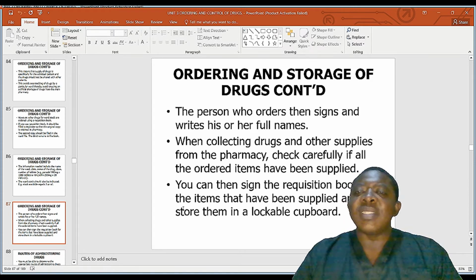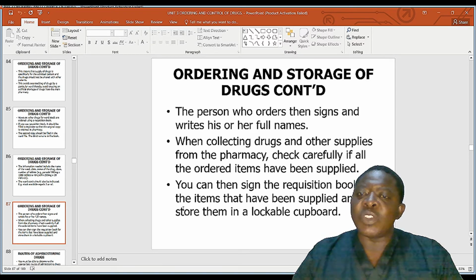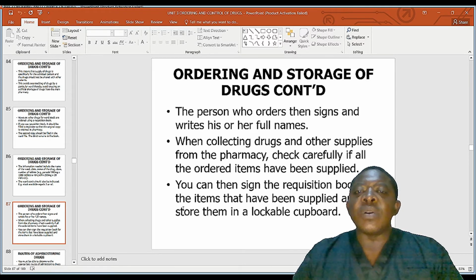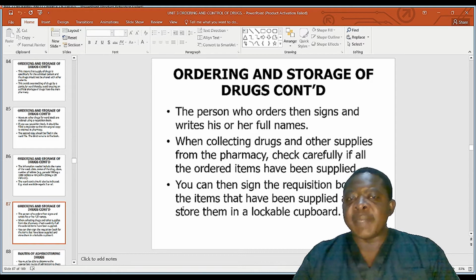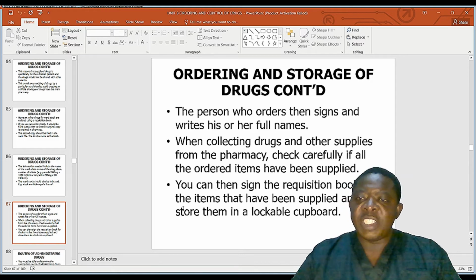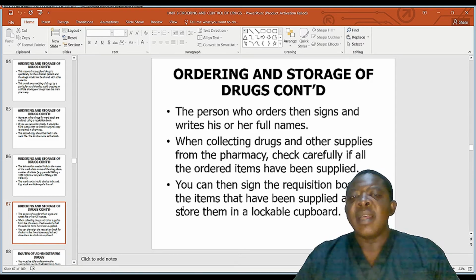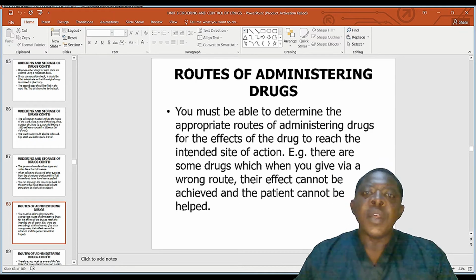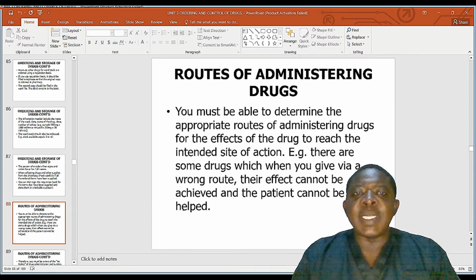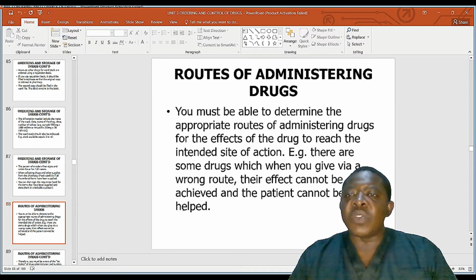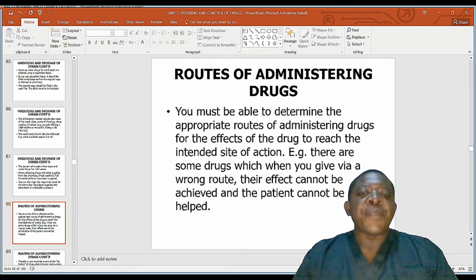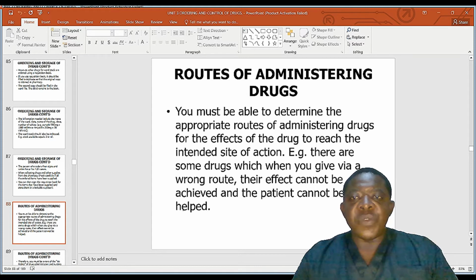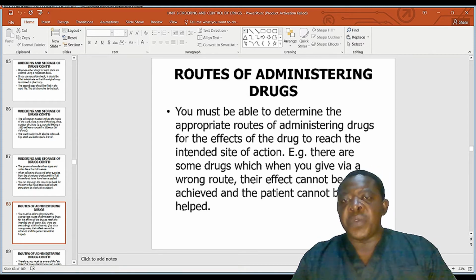When collecting the drugs and other supplies from the pharmacy, you check carefully if all the ordered items have been supplied. You can then sign the requisition book for the items that have been supplied and store them in a lockable cupboard. You must be able to determine the appropriate routes of administration of drugs for the effects of the drug to reach the intended site of action.